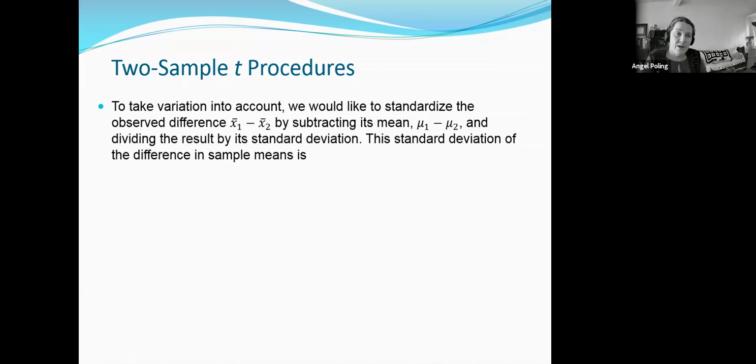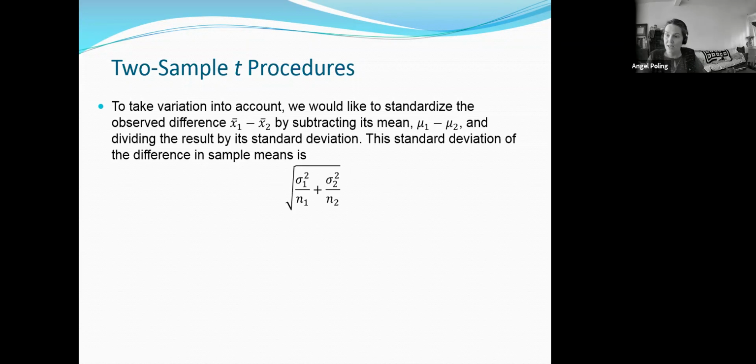So X bar 1 minus X bar 2 by subtracting its mean, mu 1 subtract mu 2 and dividing the result by its standard deviation. This standard deviation of the difference in sample means is, so that's the standard deviation.